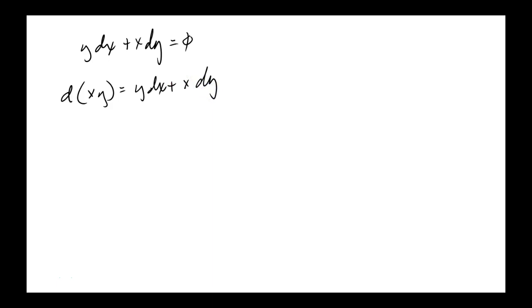That's just your product rule in differential form. So in other words, here is your function f of x y, which is x times y, and this will give you that.